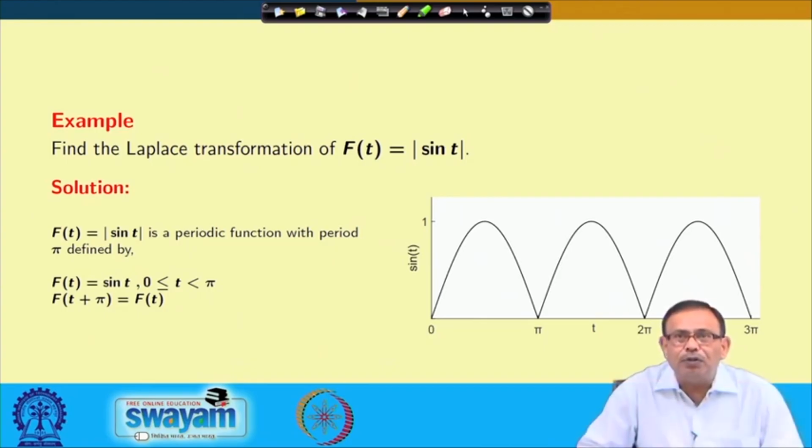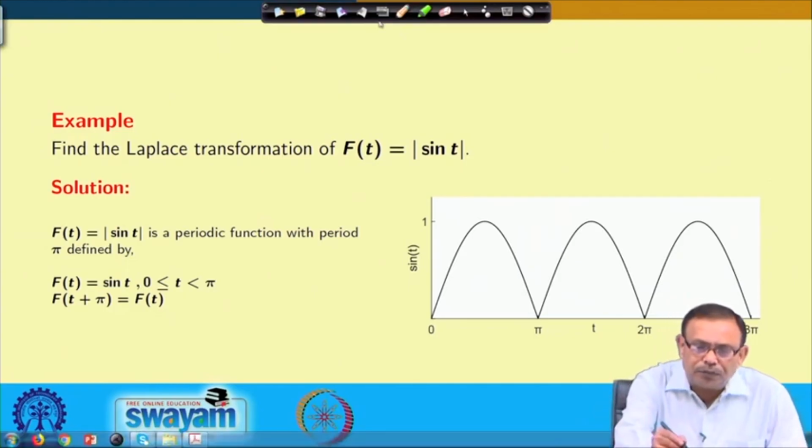On the right side you see the graph of the periodic function modulus of sin t: from 0 to pi it is there, and again from pi to 2 pi, since it is periodic in nature, it replicates itself. So, we want to find the Laplace transform of this function, modulus of sin t, which is a periodic function of period pi.